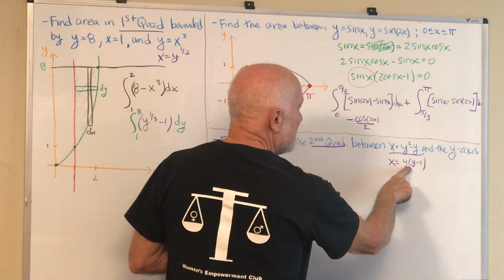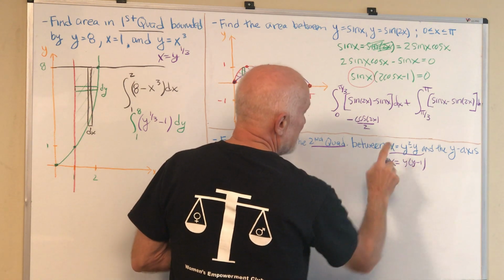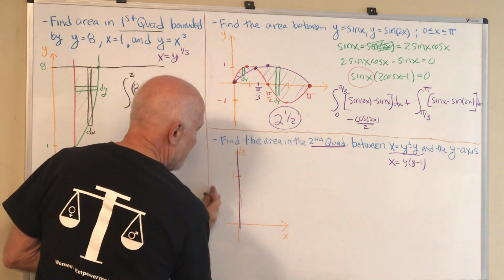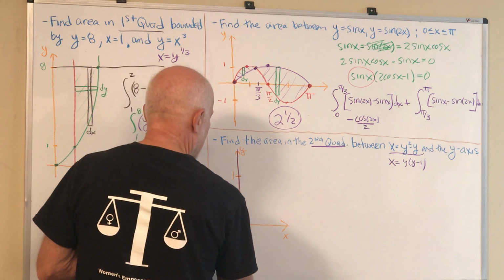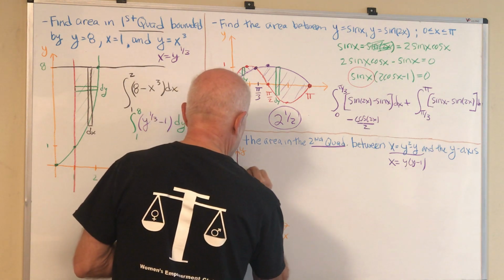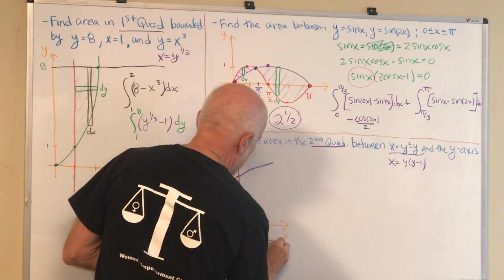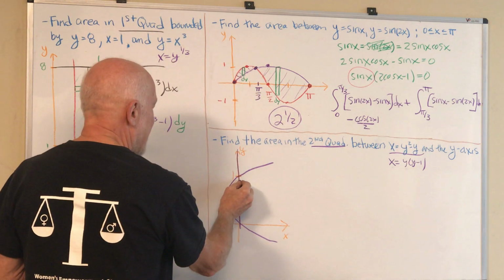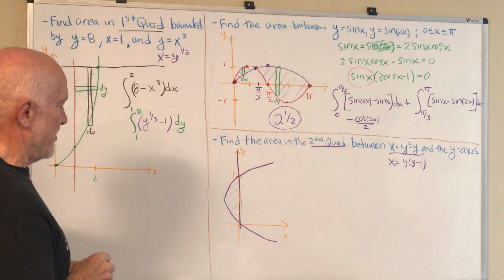But when y is between 0 and 1, you get a positive times a negative, or a negative. So we're negative between 0 and 1. What it's going to turn out to be is a sideways parabola like that. And we're only finding that area right in there.